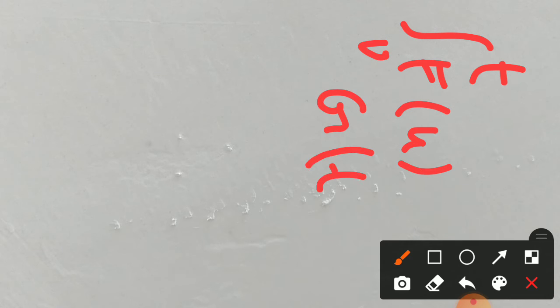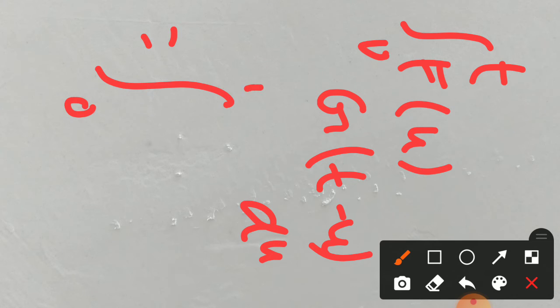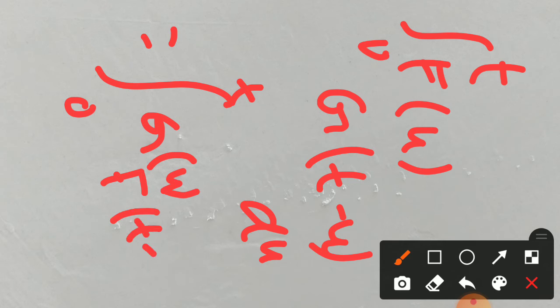That is, we can say the integral from 0 to t of f(u) g(t minus u) du is equal to the integral from 0 to t of g(u) f(t minus u) du.